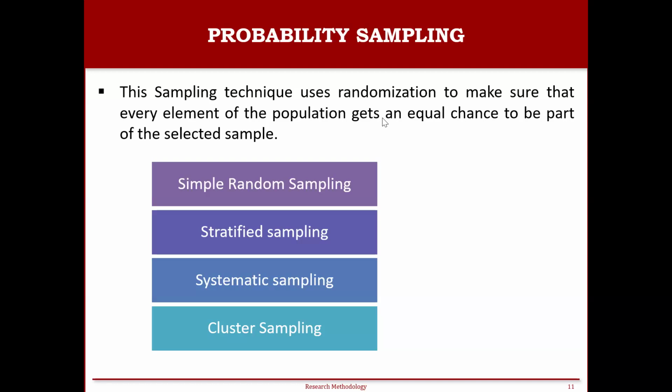So in cluster sampling, what we do is the population is divided into groups, or clusters. We mainly focus on geographical areas, or if it is an organization, the organizational departments, right? So likewise, we cluster them, we group them out.